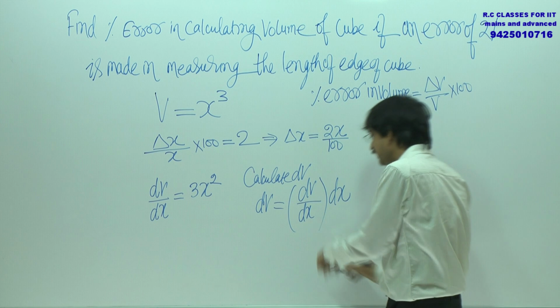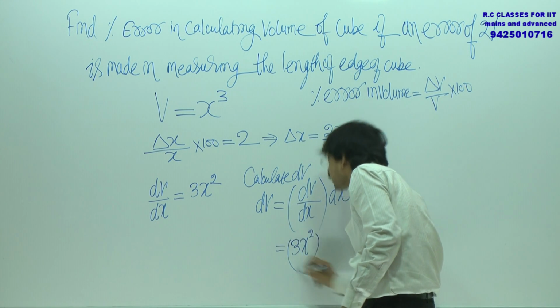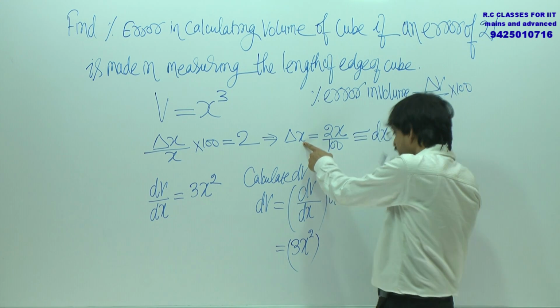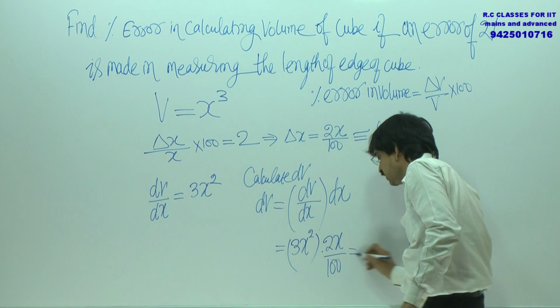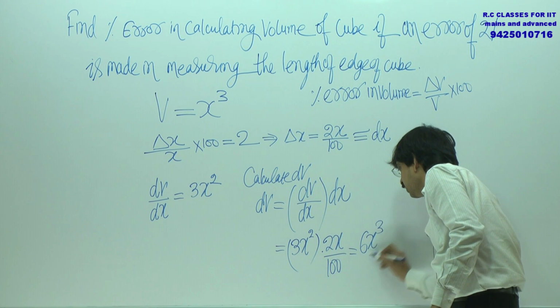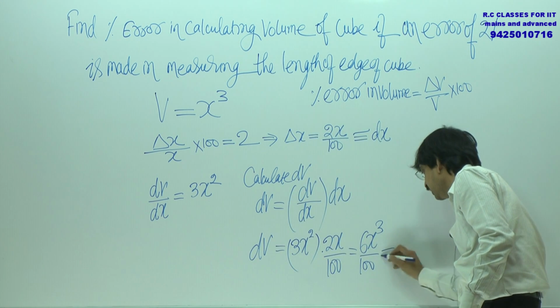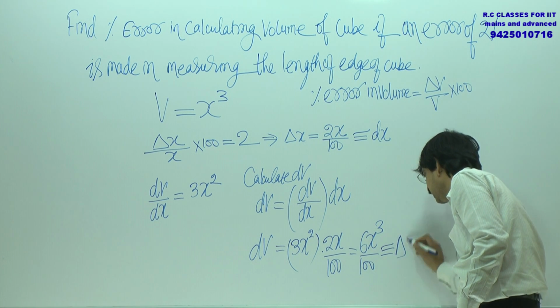That dV by dx is 3x square into dx. What is that dx? This delta x, equivalent to dx, is 2x by 100. So it is coming as 6x cube by 100, which is dV, and which is definitely equivalent to delta V.